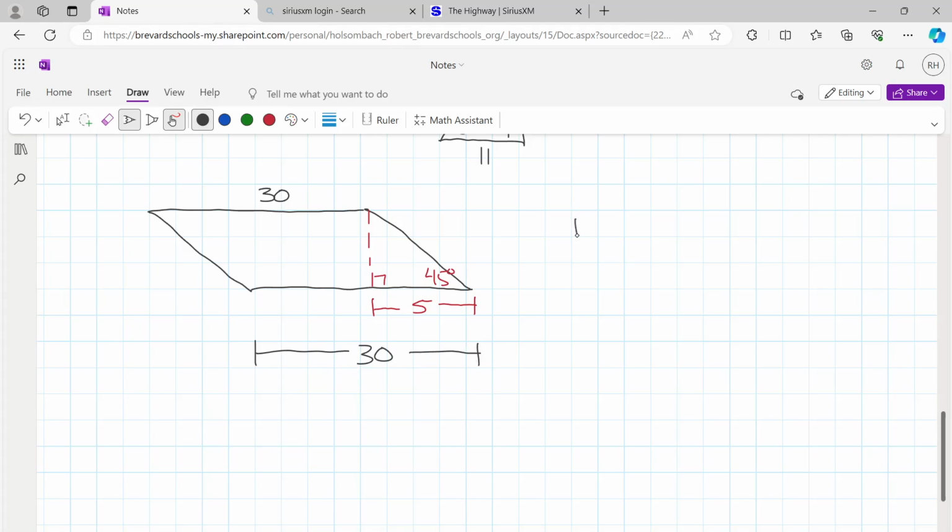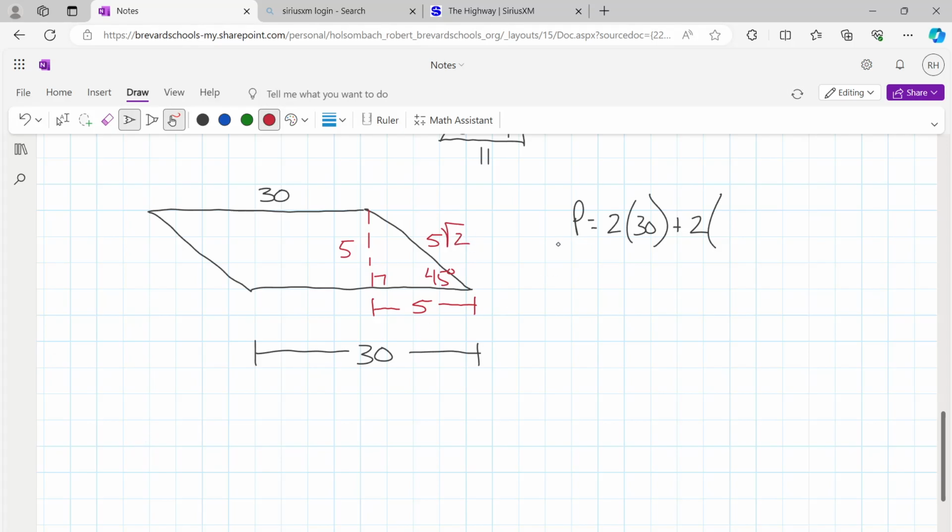So our perimeter is going to be equal to 2 times 30 plus 2 times the other two sides. Again, we've got a 45, 45, 90 right triangle, and in a 45, 45, 90 right triangle, the legs are the same. So this height right here is going to be equal to 5. And this hypotenuse is going to be equal to one of the legs times the square root of 2. So this piece is 5 radical 2.